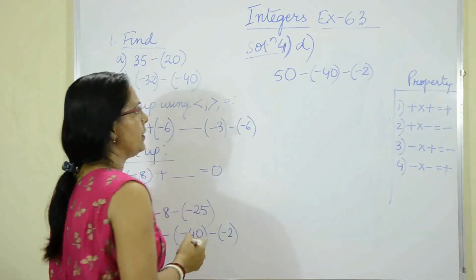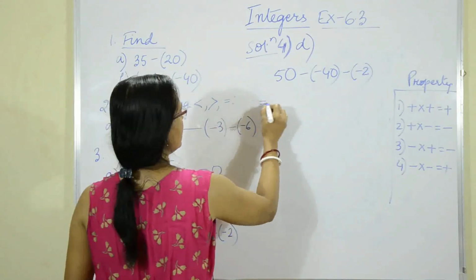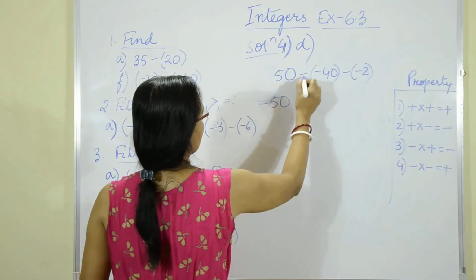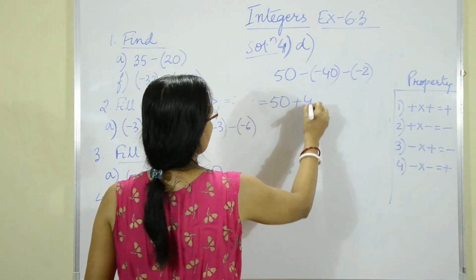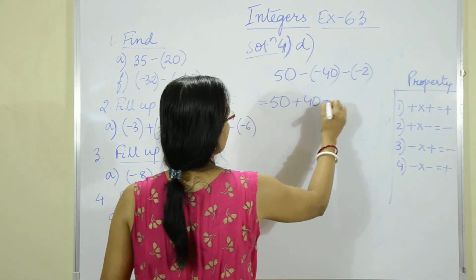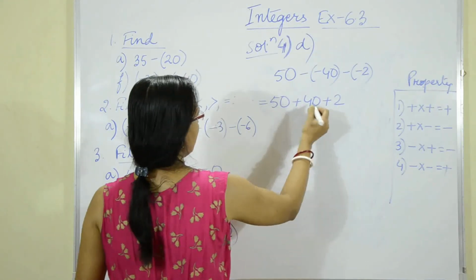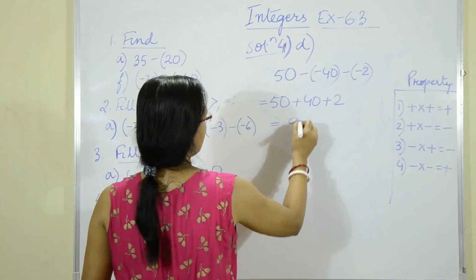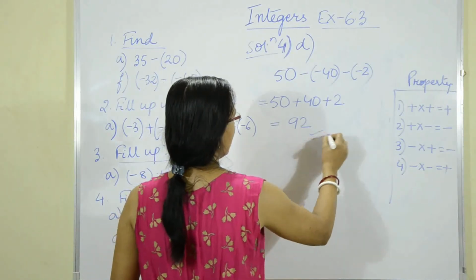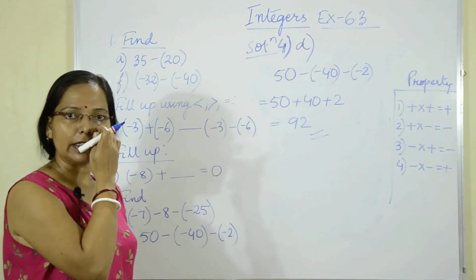Now this is question D. Now how do I do this? 50 minus into minus is plus 40, again minus into minus is plus 2. So 50 plus 40 is 90, 90 plus 2 is 92. So once you solve, we get it in this way.